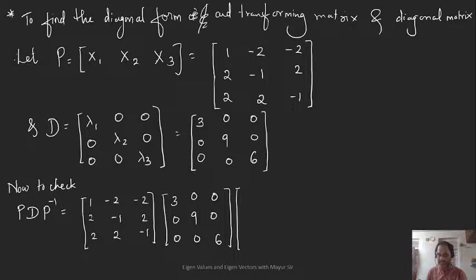Here it is -1, here there is 2, and then there is -2. There is 2 and -1.